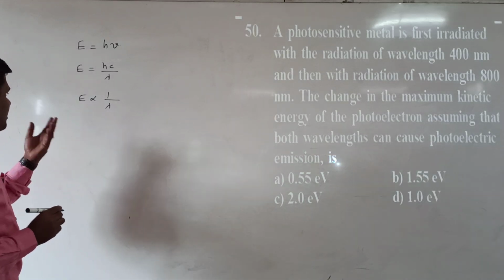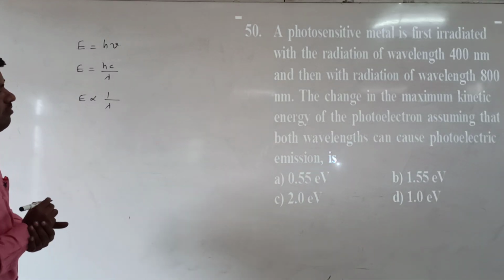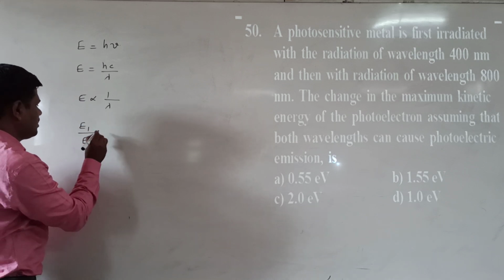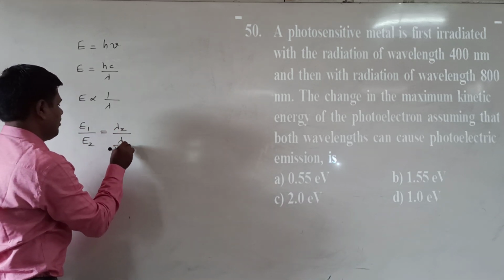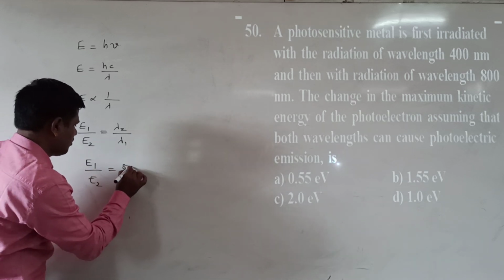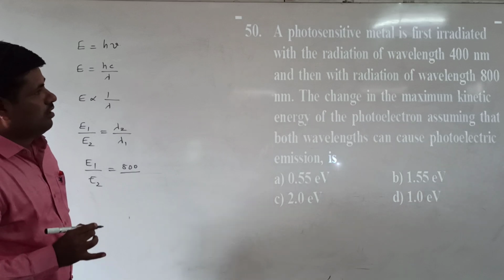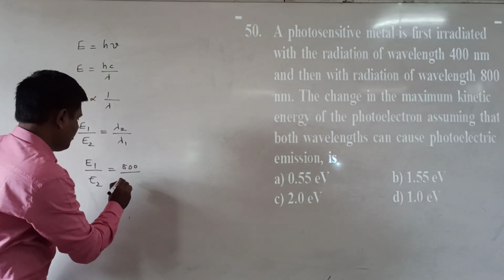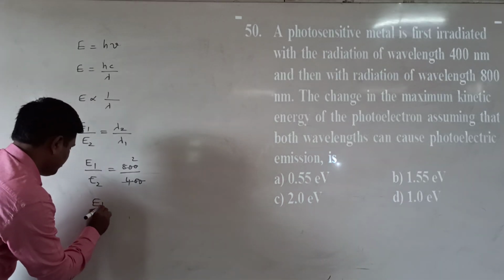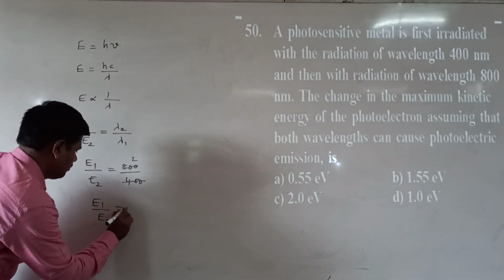Here two wavelengths, 400 and 800, are given, double. So E1 by E2 is equal to lambda 2 by lambda 1, which is 800 by 400, that is 2.